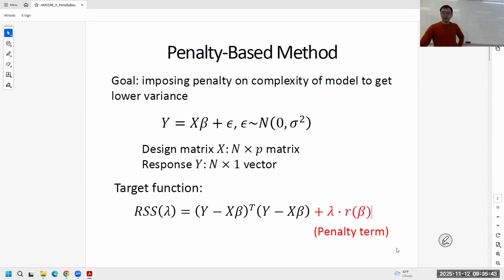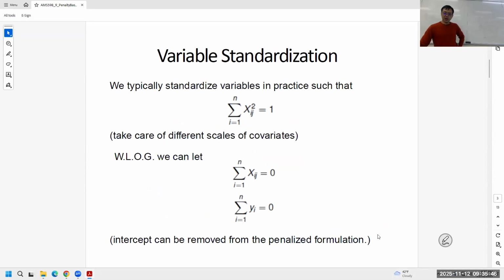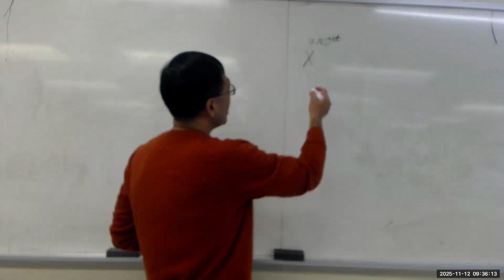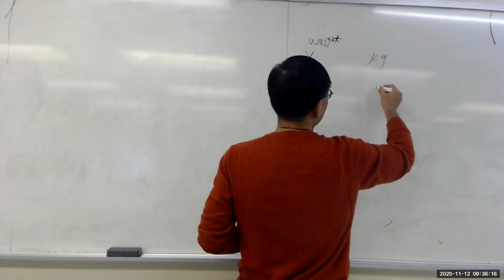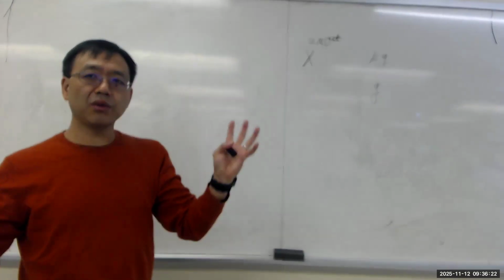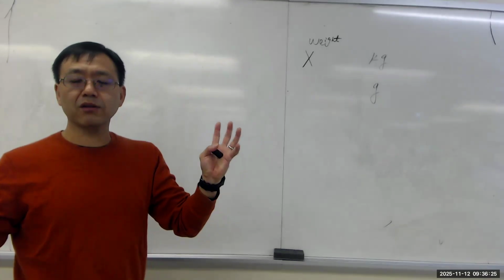Now, one thing to notice here is that since we penalize beta, the scale of beta actually matters. For example, if you have an x that is some kind of weight measurement, depending on the unit of x, whether it is kilogram or gram, the coefficient value when we include x in the regression is going to change.